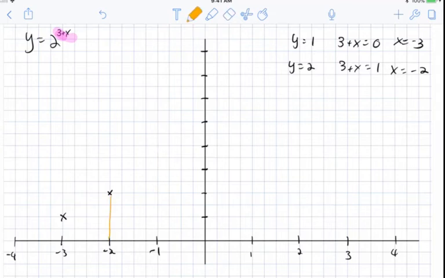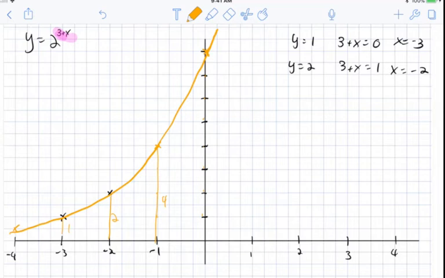So that's 1, that's 2. Now the next one's 4, and the next one's going to be 8. And the next one's a half. So here is a really nice graph of the function.